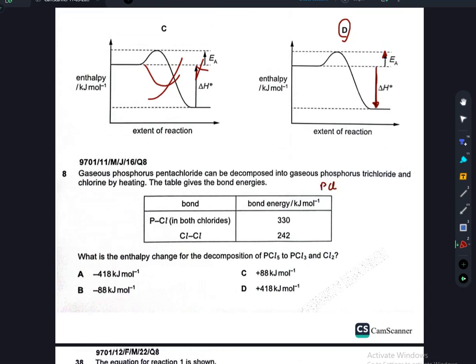So PCl5, now I will go for drawing the bonds. There are 5 P-Cl bonds here, and this would give me 3 P-Cl and 1 Cl-Cl bond here, and you draw for atomized atoms 5 Cl here, and you go in this direction.